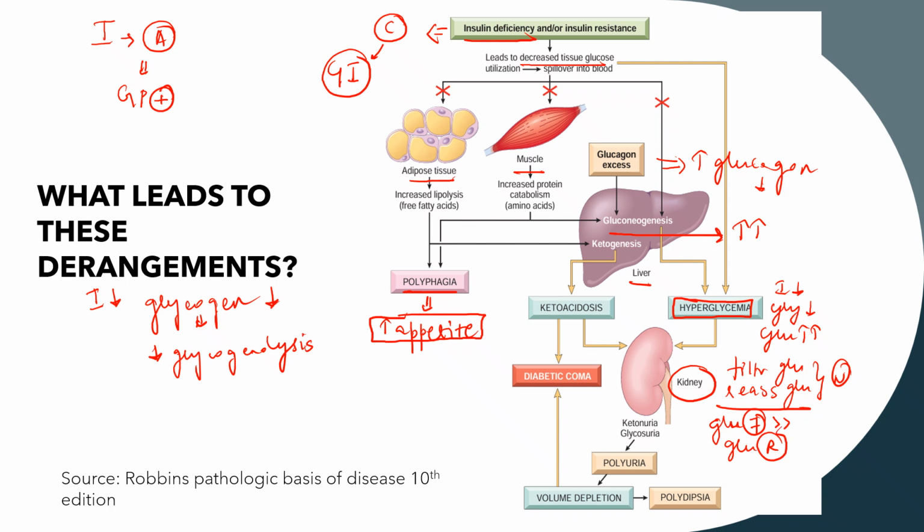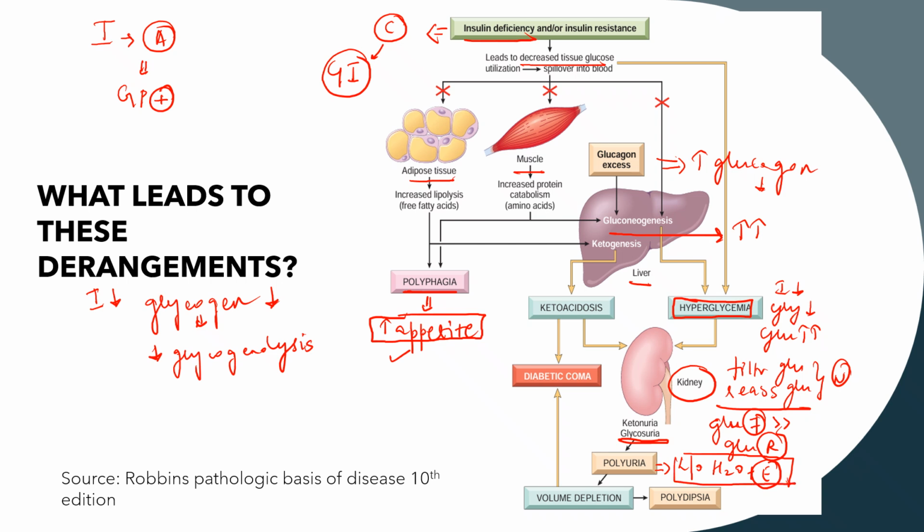That is, there is increased glucose which is filtered, but that much glucose is not being reabsorbed by the kidney because of the state of hyperglycemia. So what would that lead to? That would lead to glycosuria, that is presence of glucose in the urine. So that would lead to a state called polyuria. What is polyuria? A state where there is loss of water and electrolytes. So polyphagia is increase in appetite, whereas polyuria is a state where there is loss of water and electrolytes.